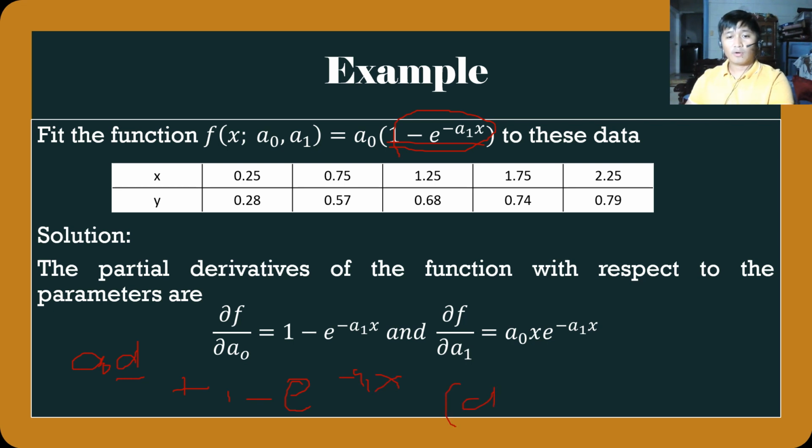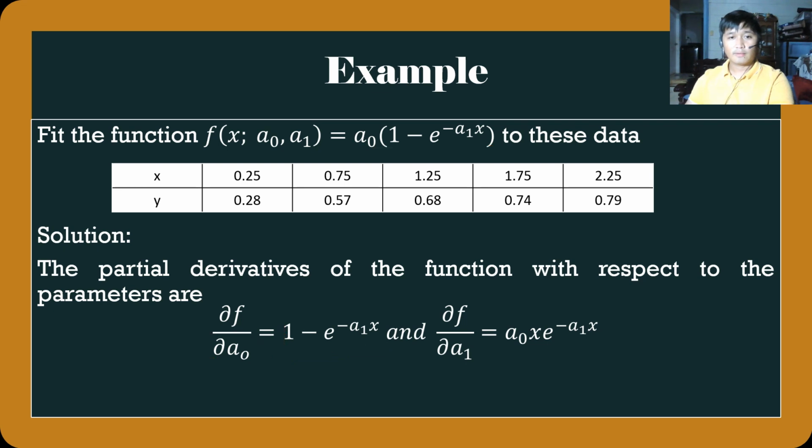The derivative of a sub 0 with respect to a sub 0 is just 1, so the other term will become 0. If we differentiate with respect to a sub 0, we will arrive at this equation.